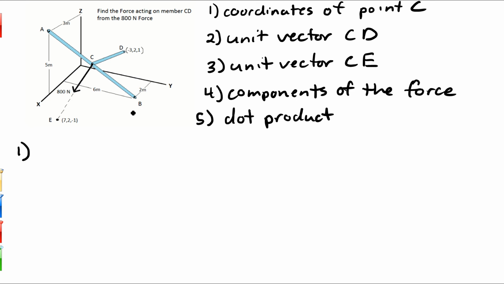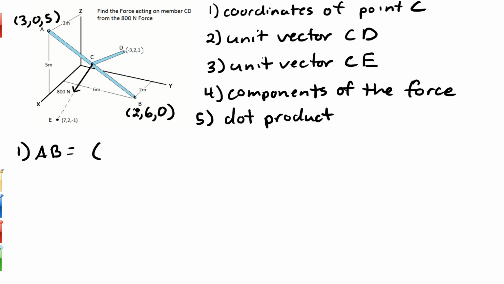At point B, we have 2 in the X, 6 in the Y, and 0 in the Z. Then up here at point A, we have 3 in the X, 0 in the Y, and 5 in the Z. All the other points and coordinates are already given, so now let's find AB.